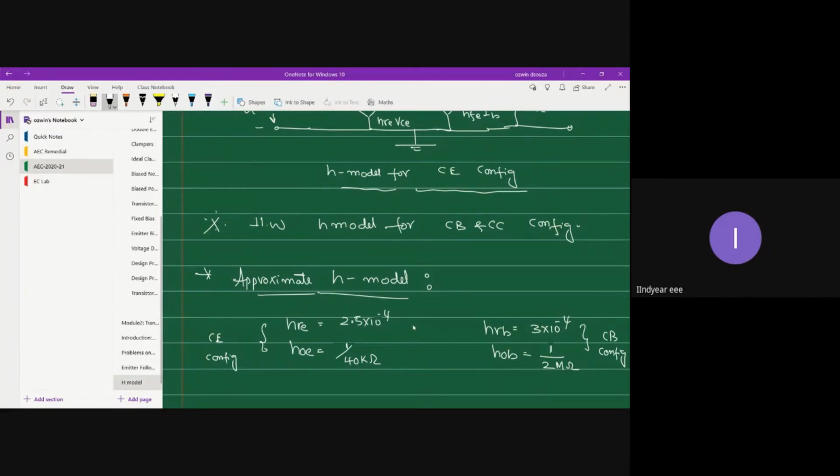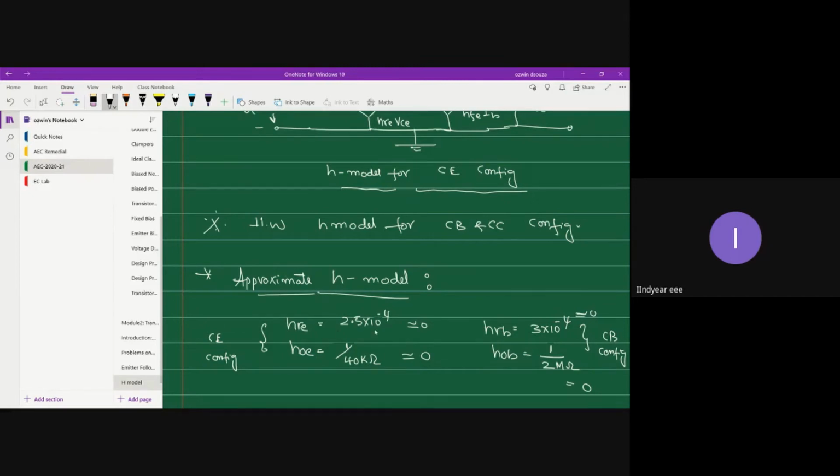So you can assume this as 0. For practical analysis sake, you can assume these are negligibly small. Just find out the reciprocal of 40 kilo ohm. It's very small.